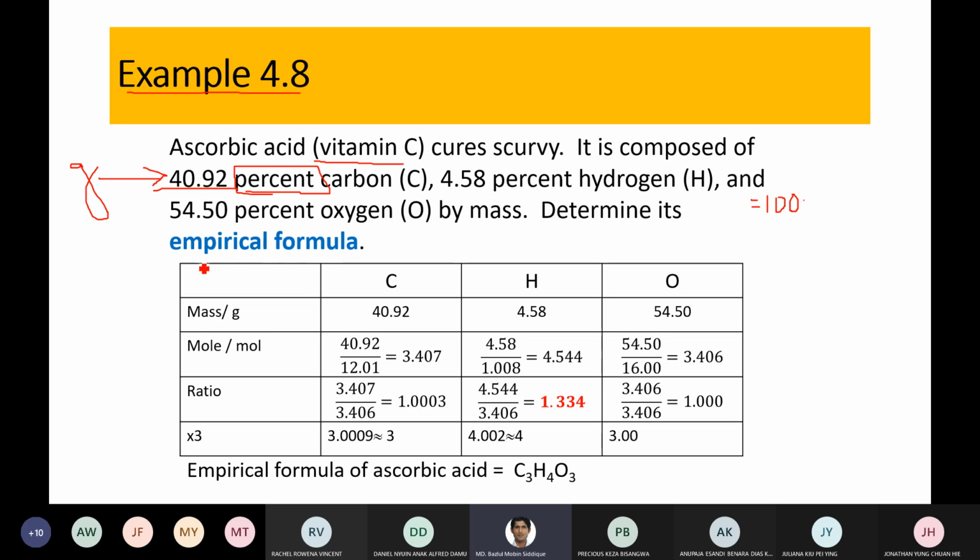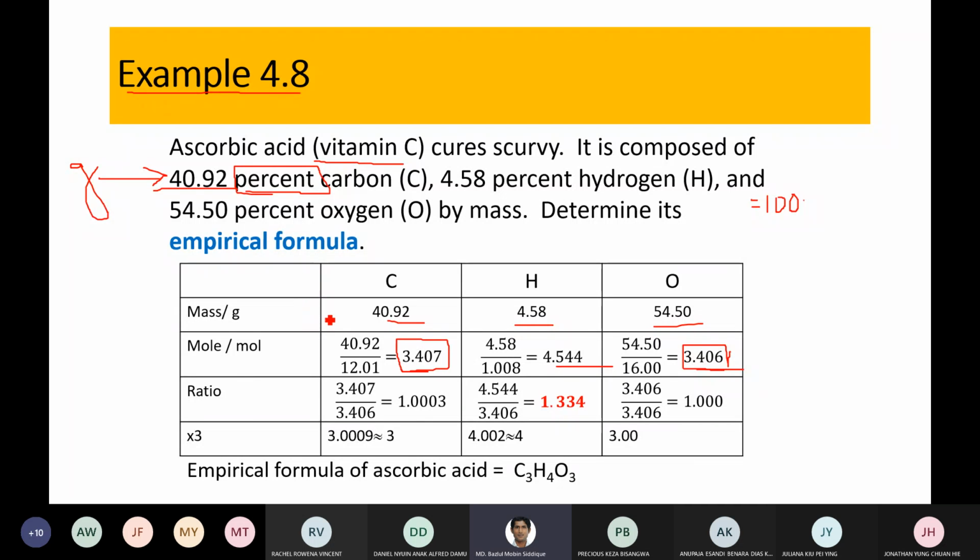Since we already know the number of grams of all those, we start to find the number of moles of each of the atoms, and we divide by the smallest ratio that we have. So in this case 3.406 is the smallest one.